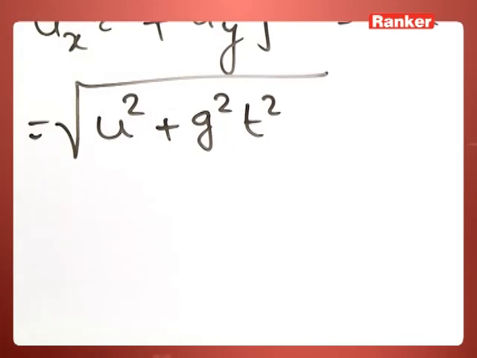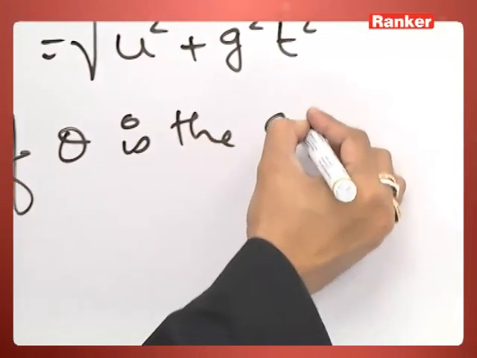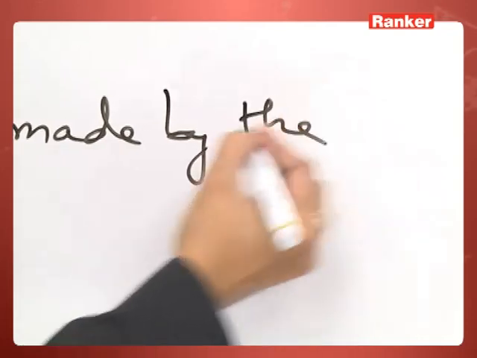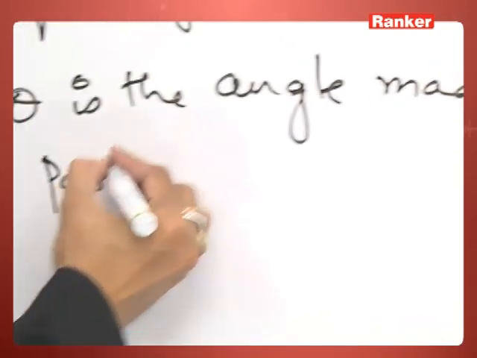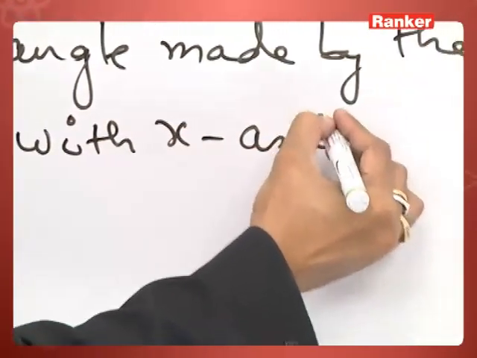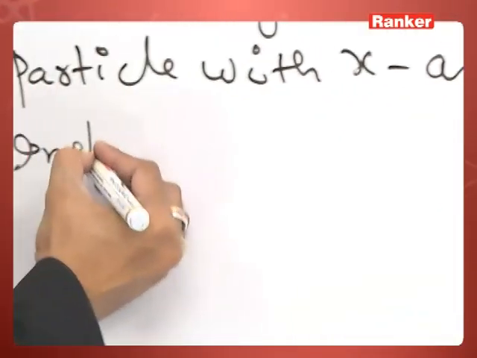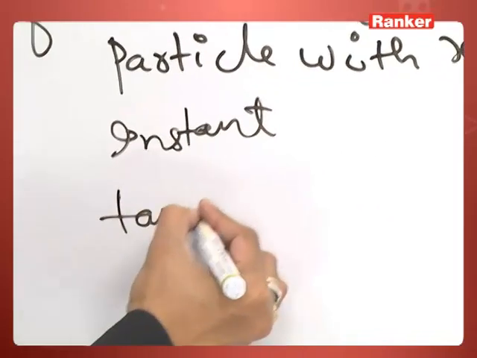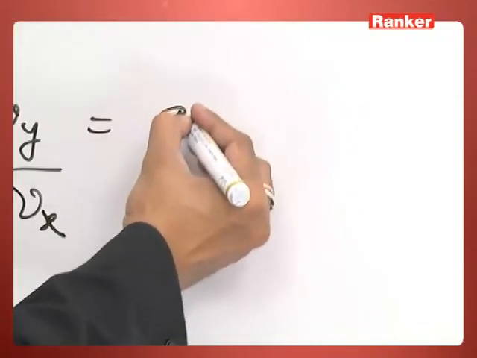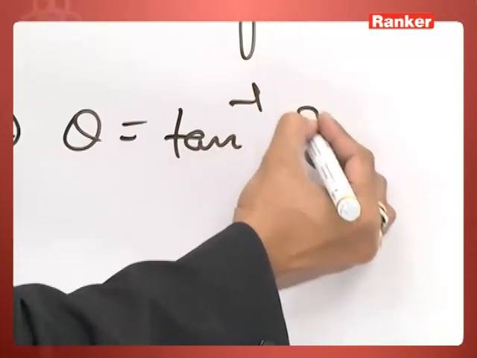And if theta is the angle made by the particle with the x axis at any instant, I can write tan theta is equal to vy by vx, that is gt by u, which implies theta is equal to tan inverse gt by u.